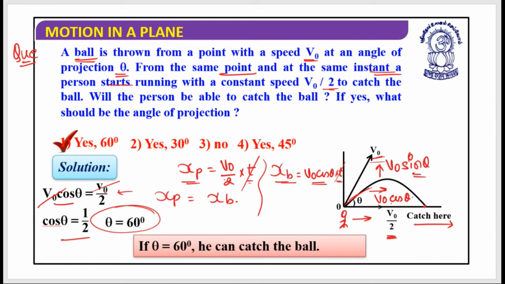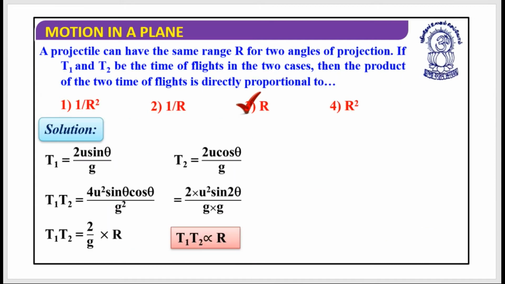That means if the ball has been thrown at 60 degrees with the horizontal, then the person can definitely catch the ball. I hope those things are clear. Is it clear? A very good question, highly conceptual. Good. Next question.